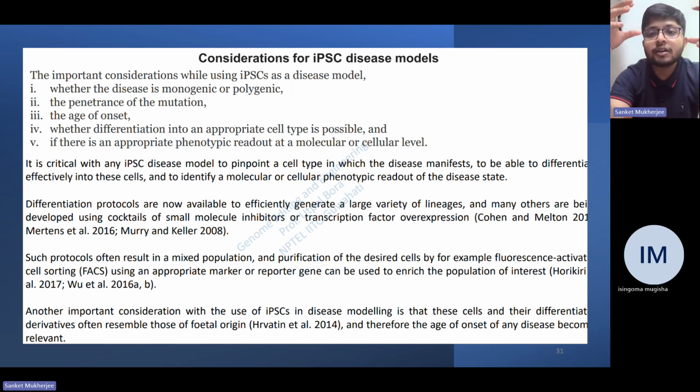If there is a disease, there need to be some molecular markers for that disease so that you can identify the diseased phenotype. When you are treating the disease using iPSCs, you need to see whether these markers are getting lowered or higher. For that we need to have a proper phenotypic readout at the molecular or cellular level. Molecular markers could be one of them.